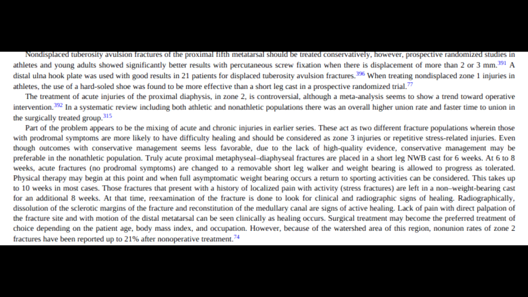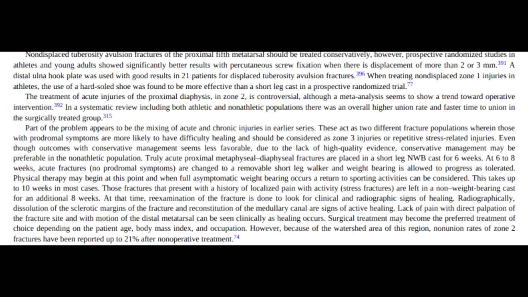Part of the confusion arises because earlier series mixed truly acute fractures with chronic stress injuries. Patients with prodromal pain before a fracture, typical of Zone 3 stress fractures, tend to heal more slowly and should be considered separately from acute traumatic fractures.